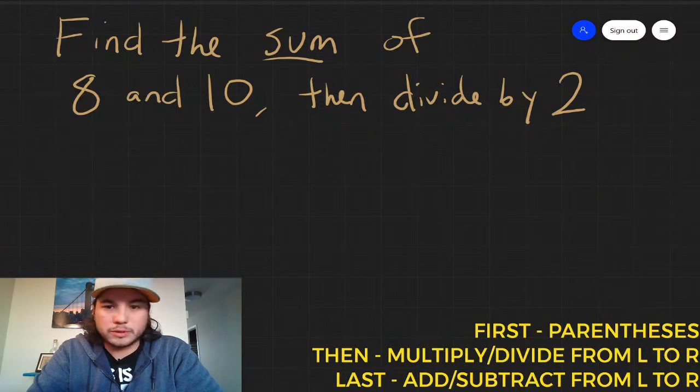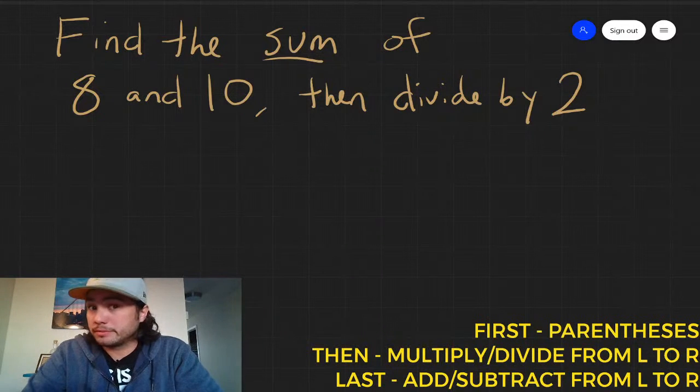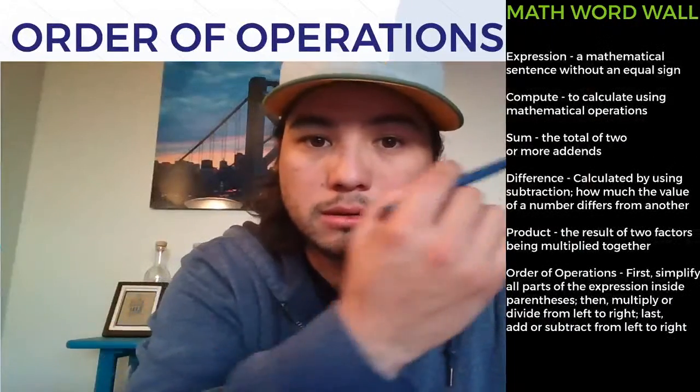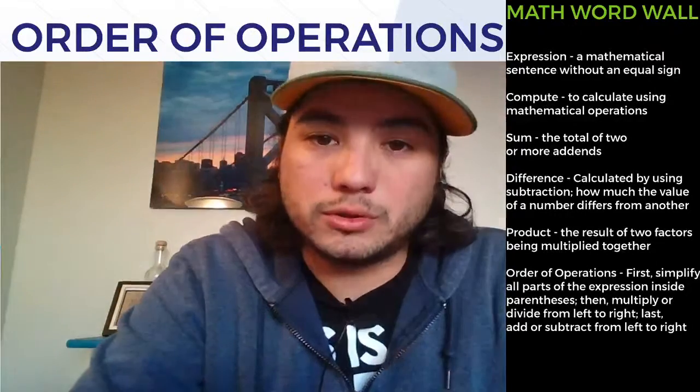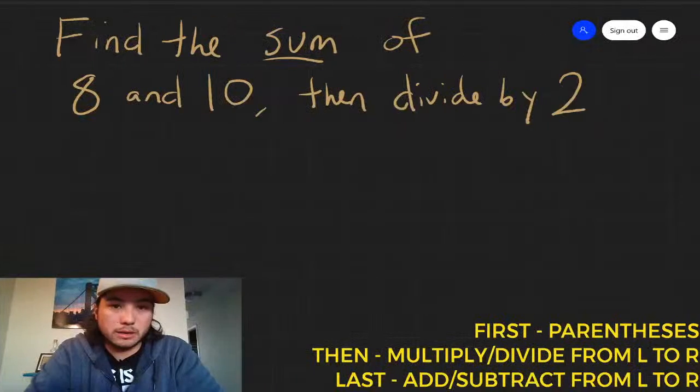Find the sum of 8 and 10. I wish I could pull the word wall over here too. Sum means add, right? The total of 2 or more addends. Let me pull back to the full cam. So we're going to add 8 and 10 and then divide by 2.